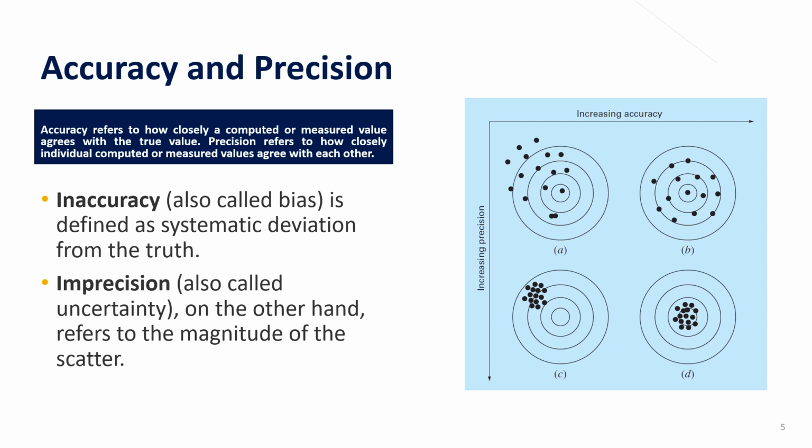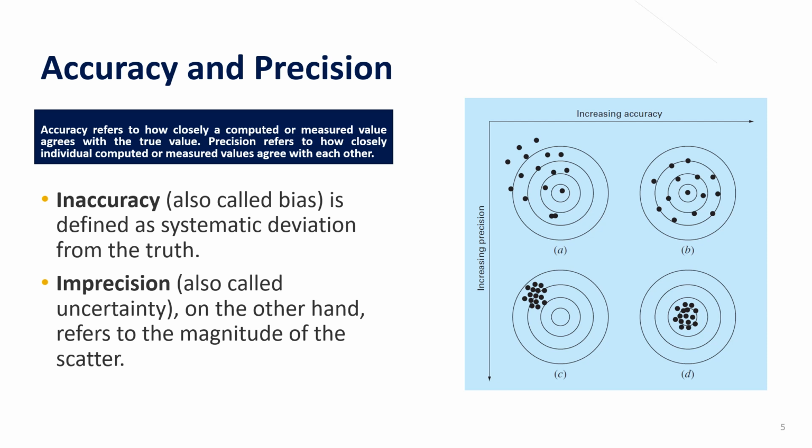If all points are closely grouped together but not near the center, for example figure C here, we call that the measurements are precise but not accurate. So they have high precision but low accuracy. If all points are closely grouped around the center, the measurements are both precise and accurate, for example, figure D here.